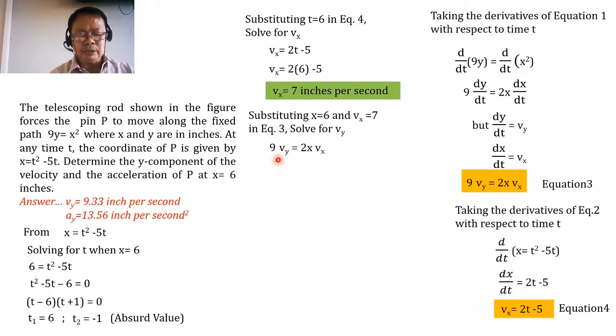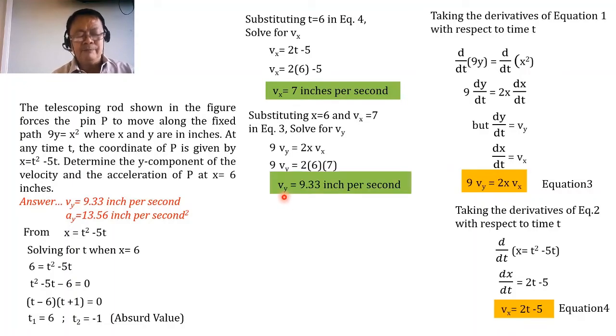So that 9 multiplied by v sub y equal to 2x multiplied by v sub x. Therefore, substituting v sub x and x, you have 9 v sub y equal to 2 times 6 multiplied by 7. And then from here, we shall have the y component of the velocity equal to 9.33 inches per second.